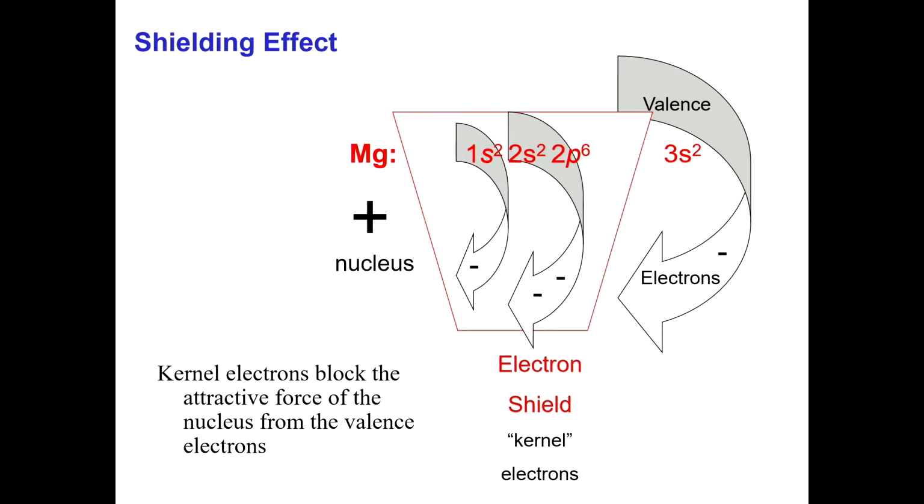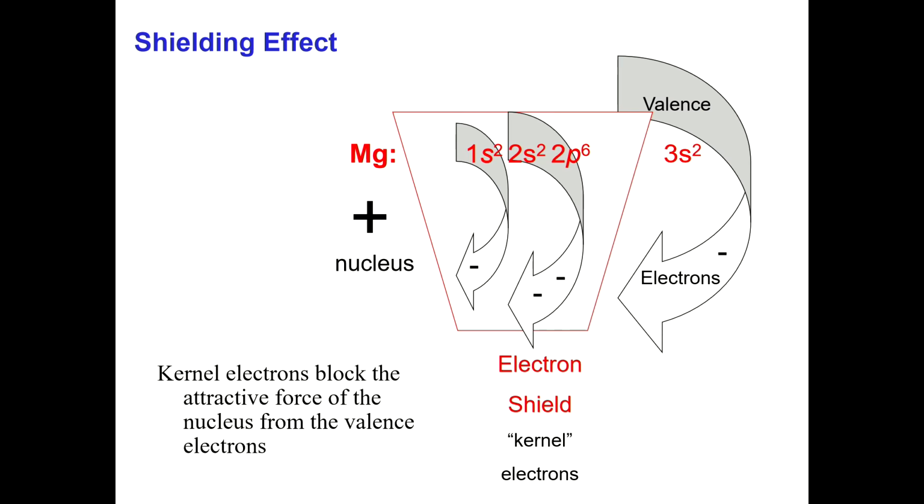Now we can see the structure of the atom. For example, for this metal, the nucleus is plus charge, right? They have protons. Protons have plus charge, okay? And the electrons, they have some electrons outside, right?